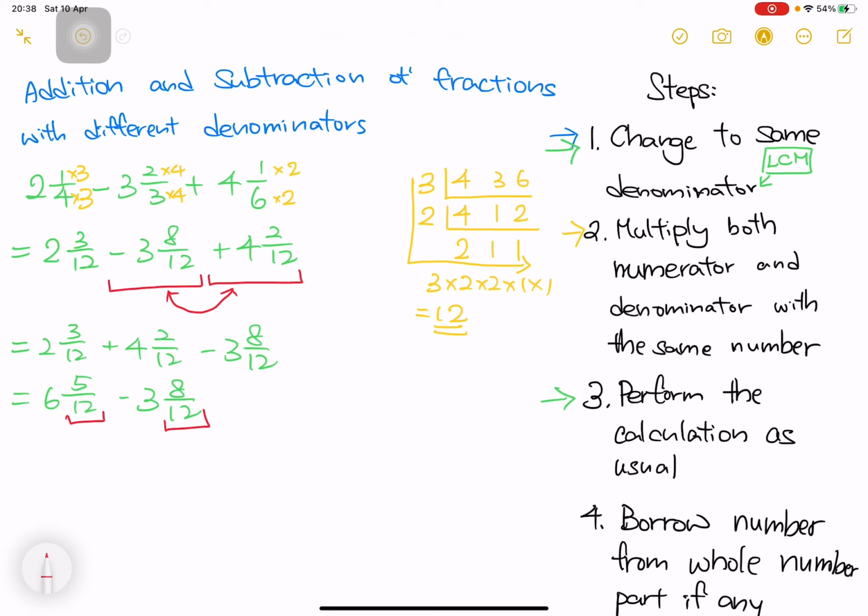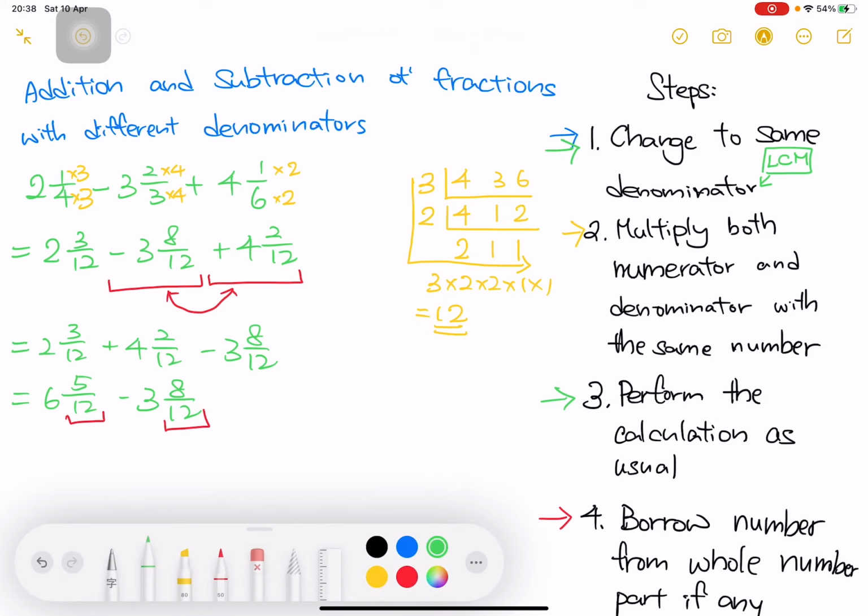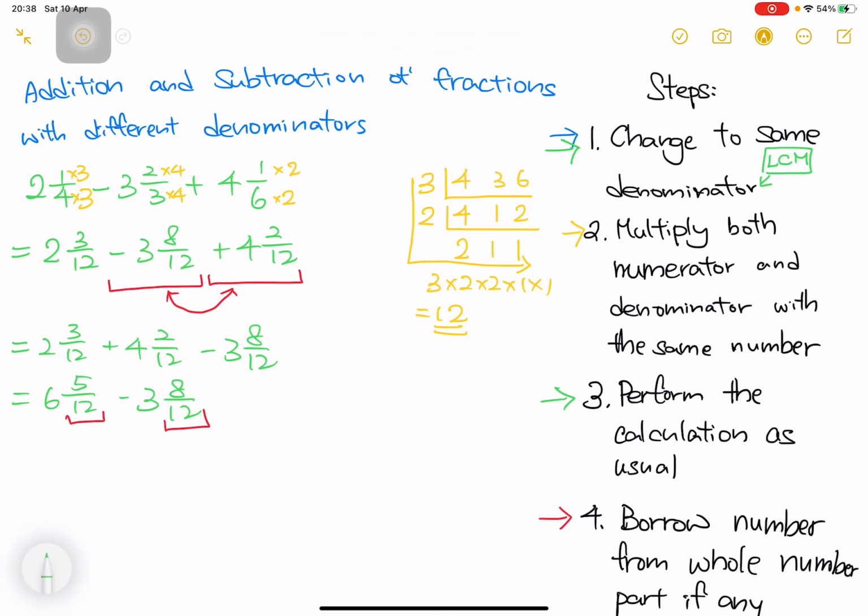So what you have to do is borrow from the whole number part. I have to borrow from 6, so 6 will become 5, and then I borrow to the fraction part, so it becomes 12 plus 5 as the numerator, and then 3 and 8 over 12.